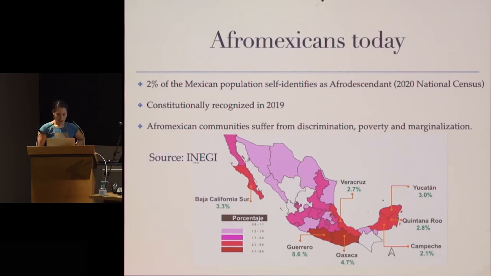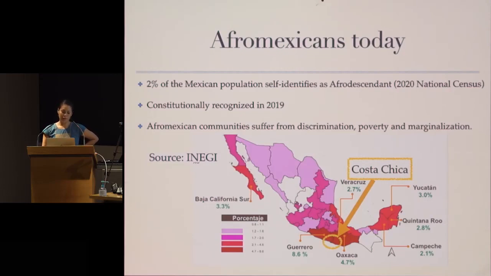So I was very interested in exploring that African component. Particularly, there is a region between Guerrero and Oaxaca called the Costa Chica, where anthropological studies have identified populations with a higher African ancestry as well.